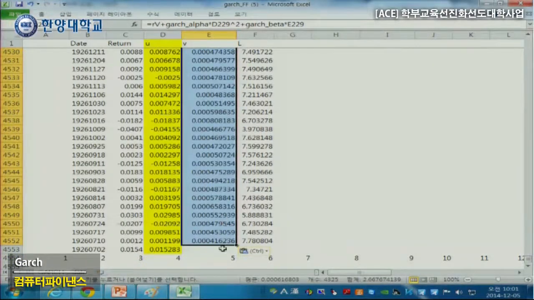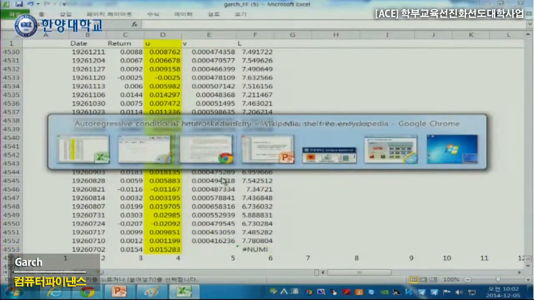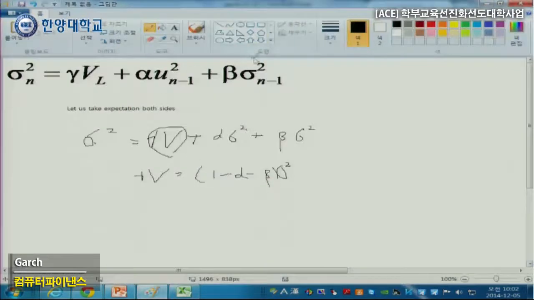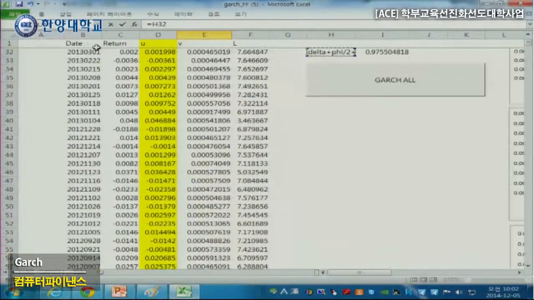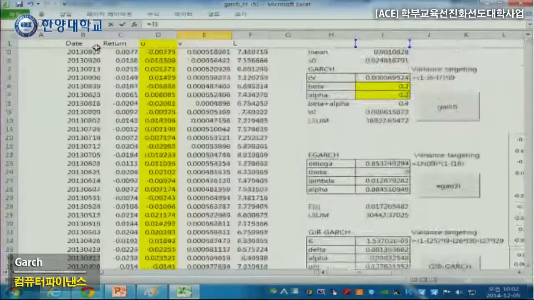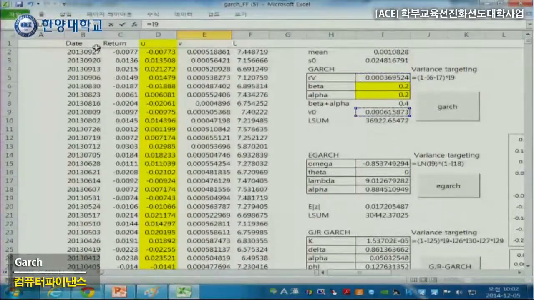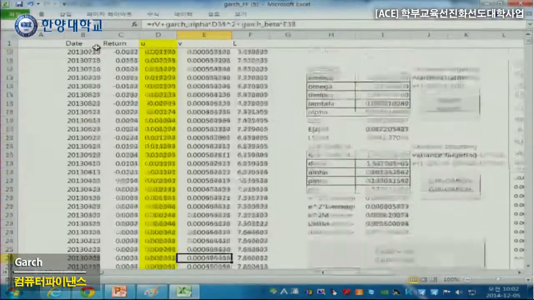But then we need the very first one, because we need a V in the very first one so we can fill the others, right? For the very first one, the usual trick people use is, not surprisingly, to simply use the sample variance again. We use this as a starting value. So from this one, we can fill the variance, everything, right?